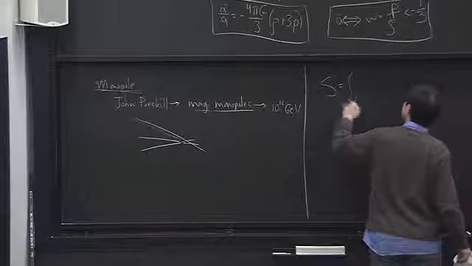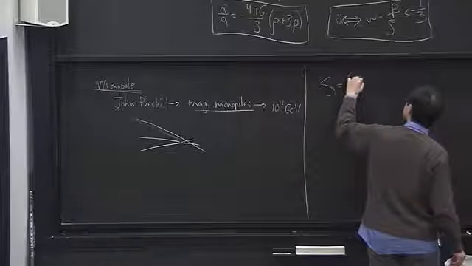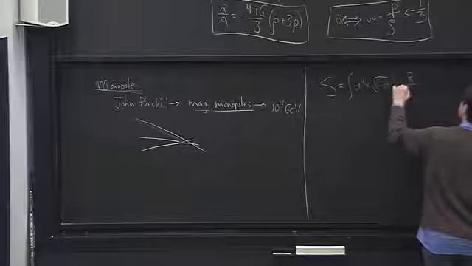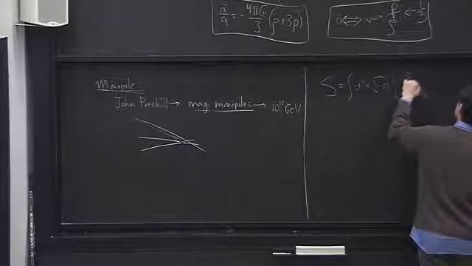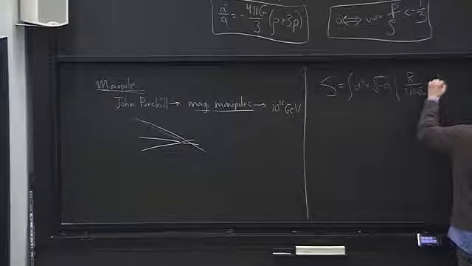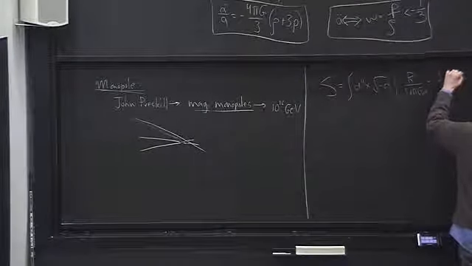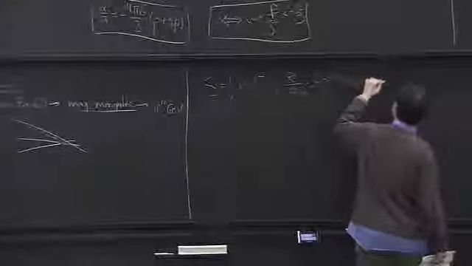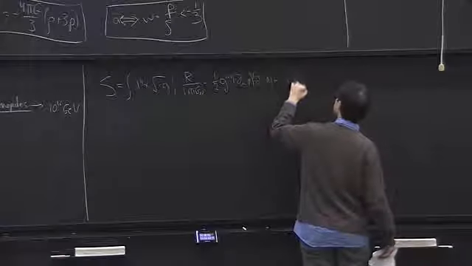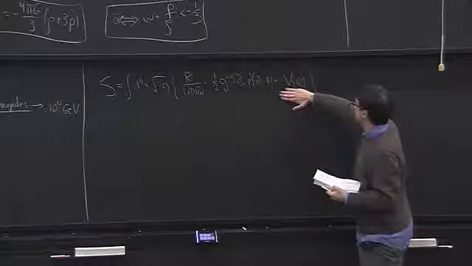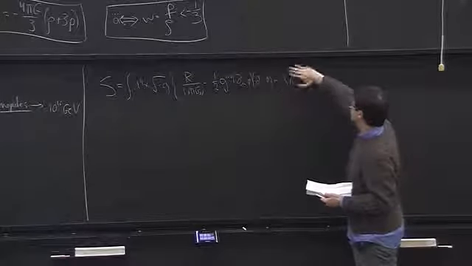If I just take the action for Einstein gravity, and then add to it the simplest matter content I can think of, a single scalar field with potential V of phi. In fact, let me take the simplest potential I can think of: the potential for a free scalar field, 1/2 m squared phi squared.